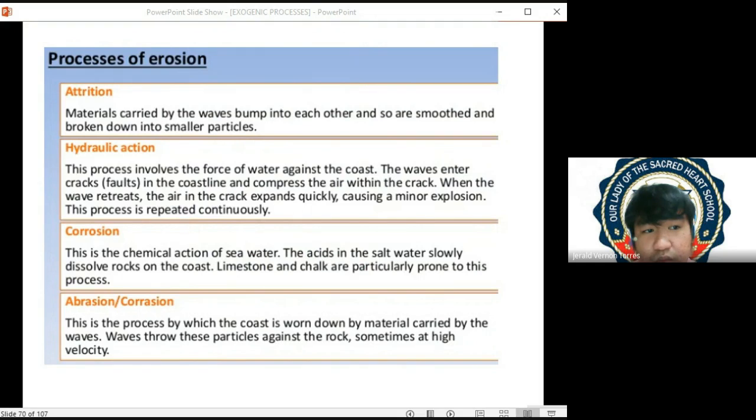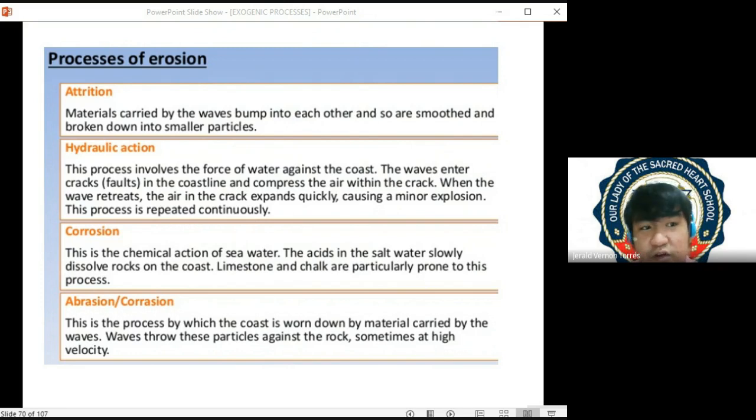So we have attrition. Attrition is the bumping or collision of the particulate rocks in water, causing them to smoothen out or break into smaller pieces. Hydraulic action causes the alternating contraction and expansion of air inside the rock fracture, causing breakage along the parent coastal rock in your coastal area.